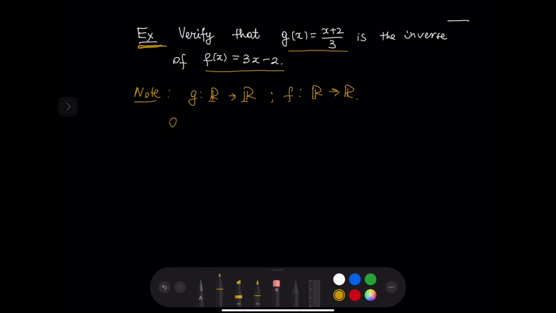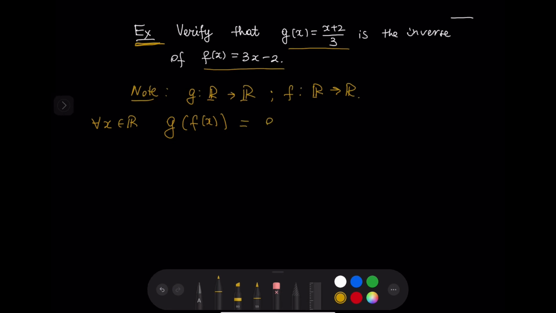So let us compute g of f of x. For every real number x, g of f of x is going to be g of 3x minus 2, which is (3x minus 2 plus 2) over 3, which is 3x over 3, which is equal to x.